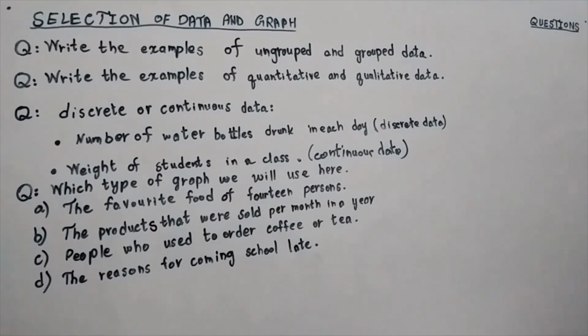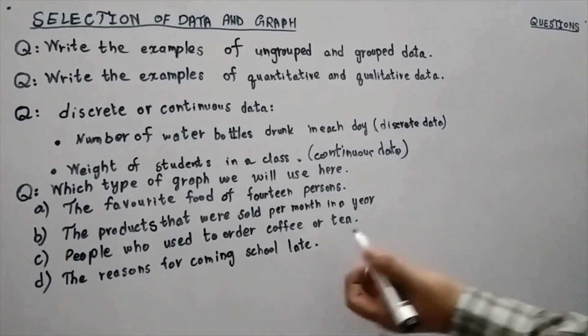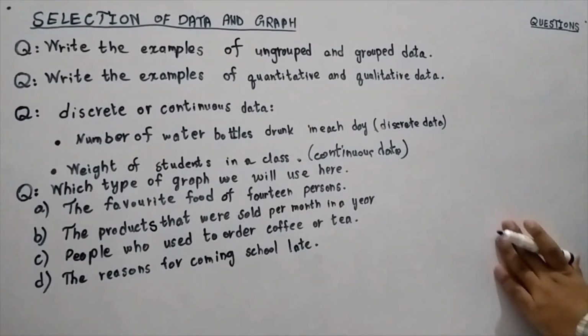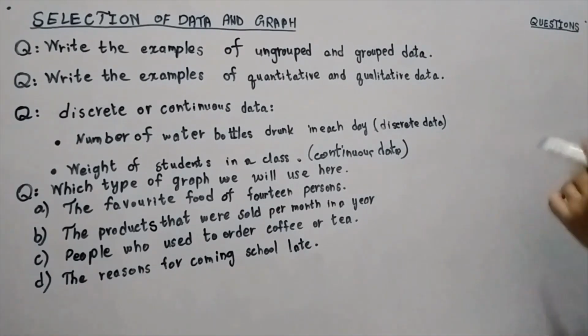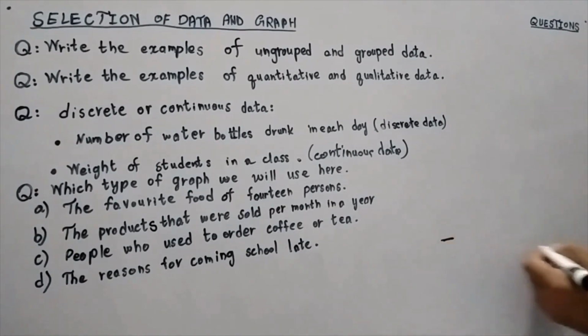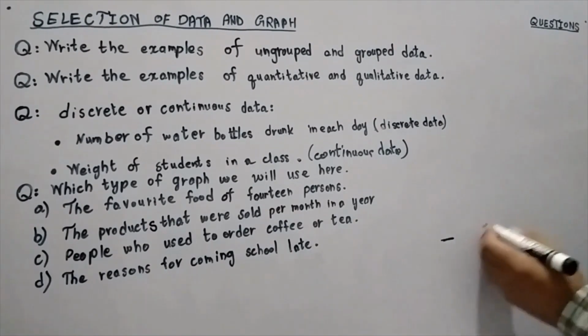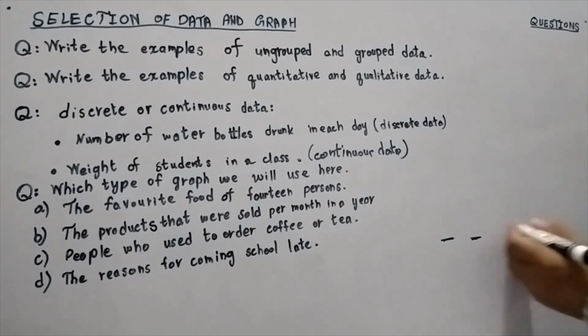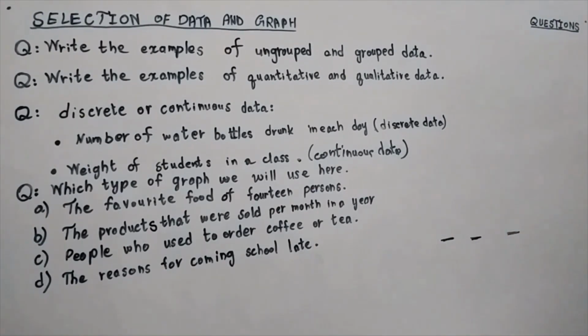Actually, in this graph we are going to see the change. We will see how many products were sold in this month, and what is the change in the products sold in the next month, or we can say the change in the selling of the products.